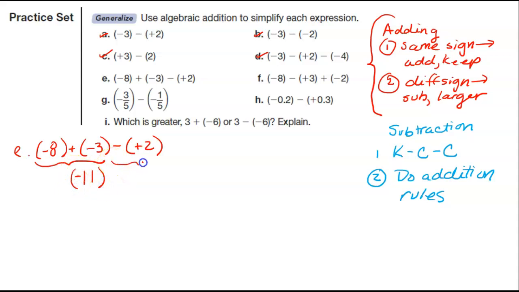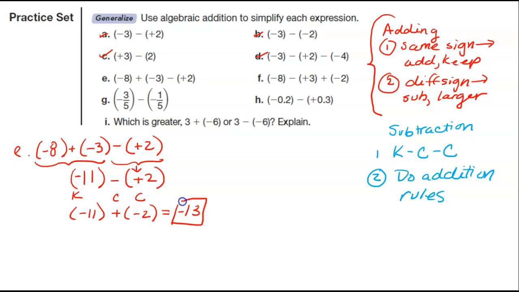Then I'm going to bring this down, minus +2. Now I have a subtraction problem, so I'm going to keep, change, change. I have -11 plus -2. Same sign, so 11 plus 2 is 13, and I keep the sign. So that's E. Let me do F.